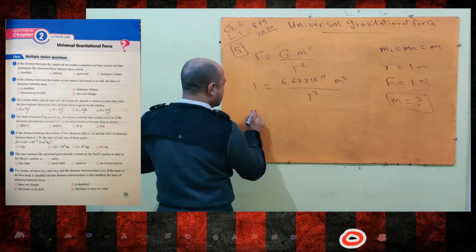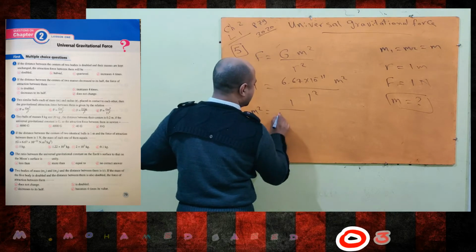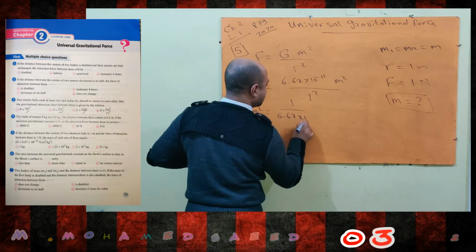So M squared equals 1 over 6.67 times 10 to the power negative 11.